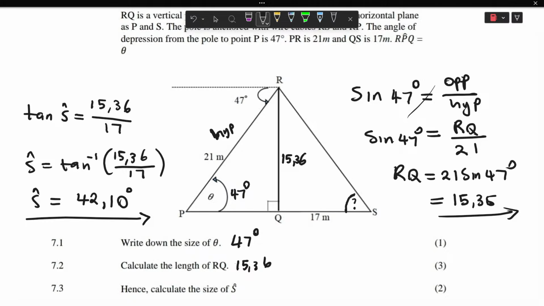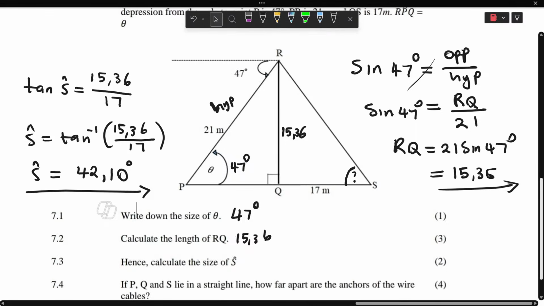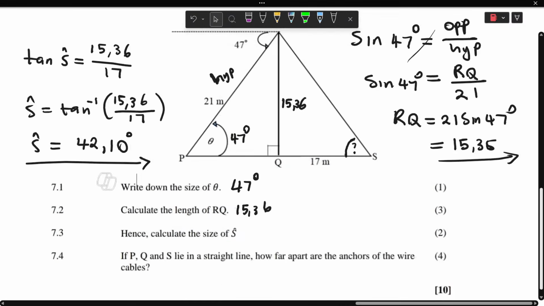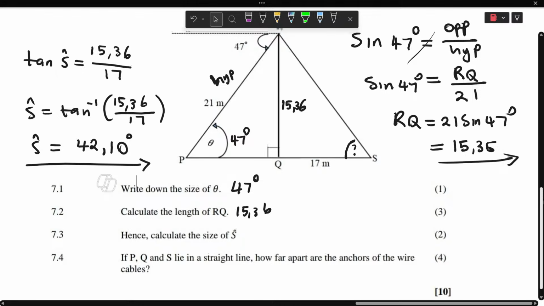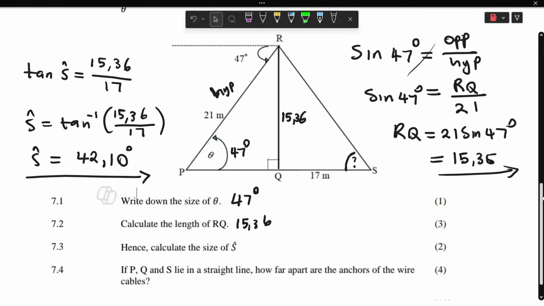All right. Now we go to the next one, the last question. If PQS lie on a straight line, how far apart are the anchors of the cables? How far apart?